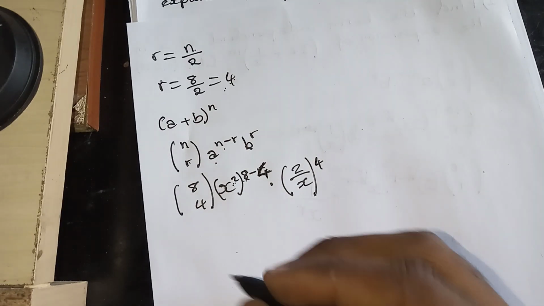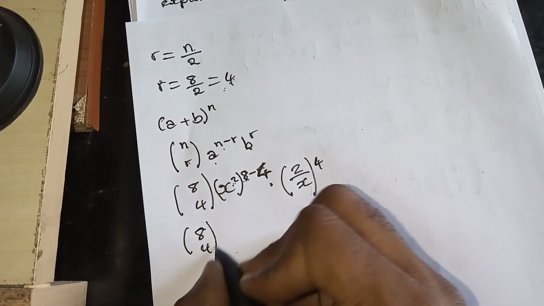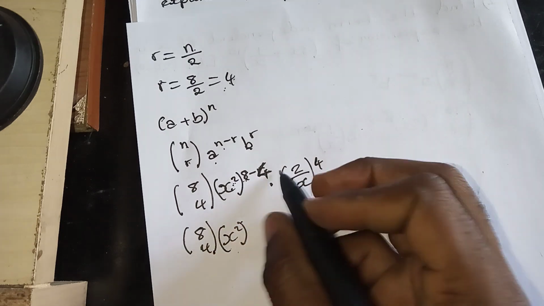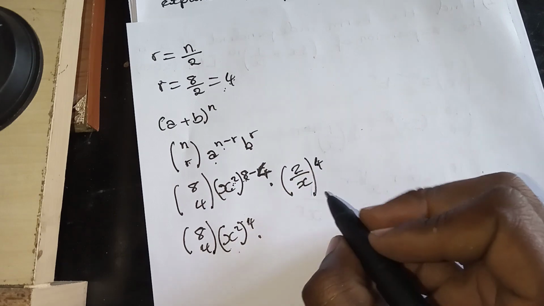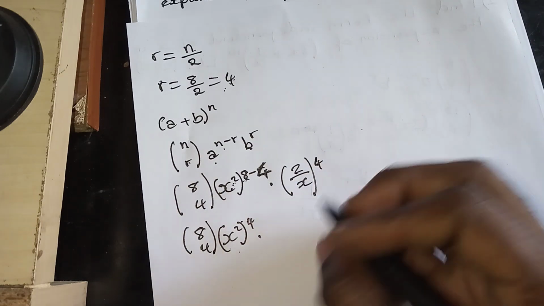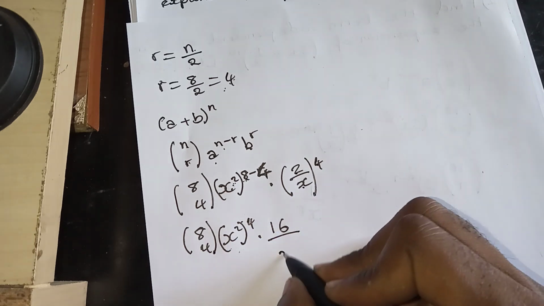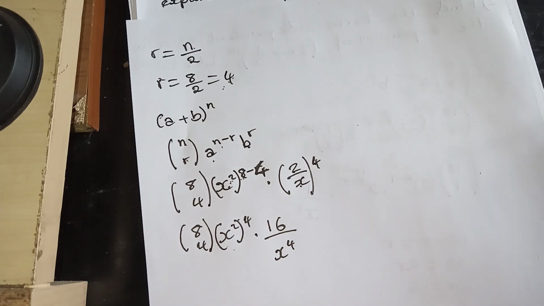So now we can simplify this. So we have 8 choose 4, and then this one is x squared. Then outside the brackets we have 2 to the power 4, that's 16, then x to the power 4. So we now can use our calculator.